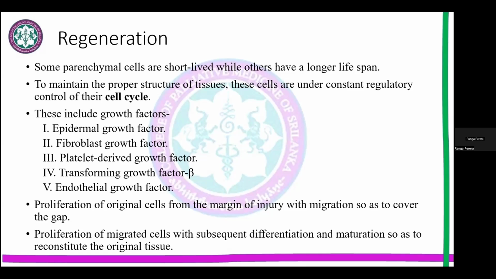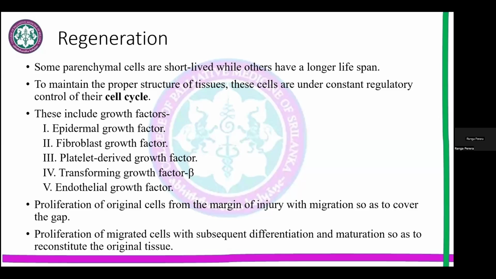So the best example: if you cut a piece of liver and leave the other tissues there, there will be the hematoma, then this hematoma will be replaced by small fibroblasts, and they will produce these epidermal growth factors, fibroblast growth factors, transforming growth factor beta, and all these platelet growth factors will come there. So at the surrounding margin, the lateral side of the wound, multiple cells will multiply and proliferate.